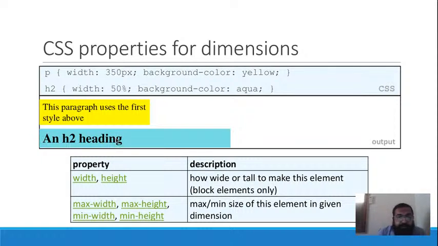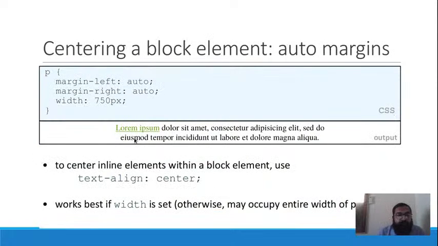So this h2 title will move as a heading to the middle. That is possible only if you set the width property. Otherwise it will occupy the entire width of the page, and it will be shown at the middle of the entire page.